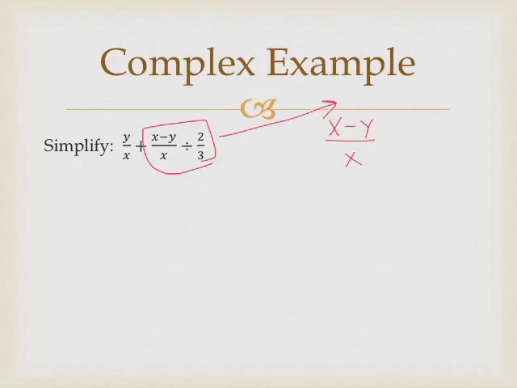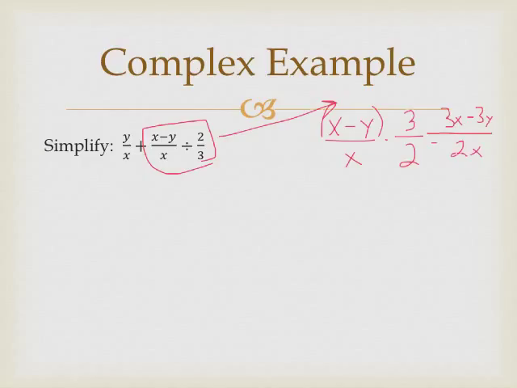I can do the keep, change, flip. I want to change that from dividing to multiplying, and I'm going to multiply by the reciprocal, which is 3 over 2. Okay, which is going to give me, now make sure we are distributing, 3 times x is 3x minus 3y, and our denominator is 2 times x.